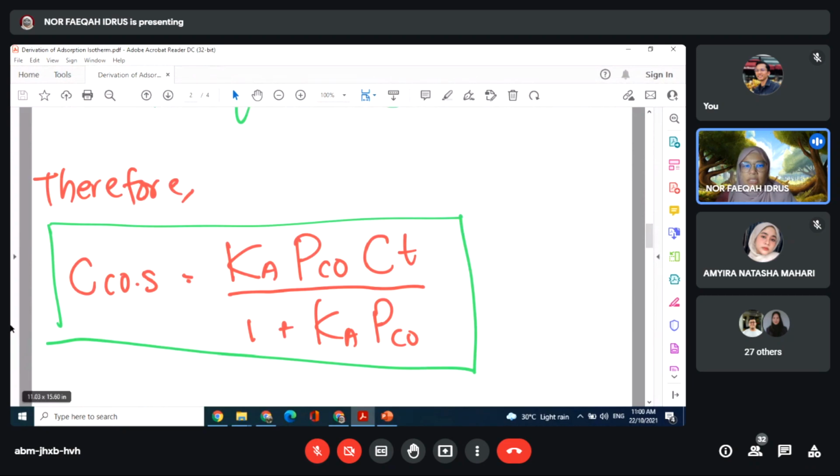Therefore, this is the adsorption isotherm for carbon monoxide. So there is no CV term anymore. We have successfully eliminated the CV term. So this is how you derive the adsorption isotherm for the adsorption of carbon monoxide.